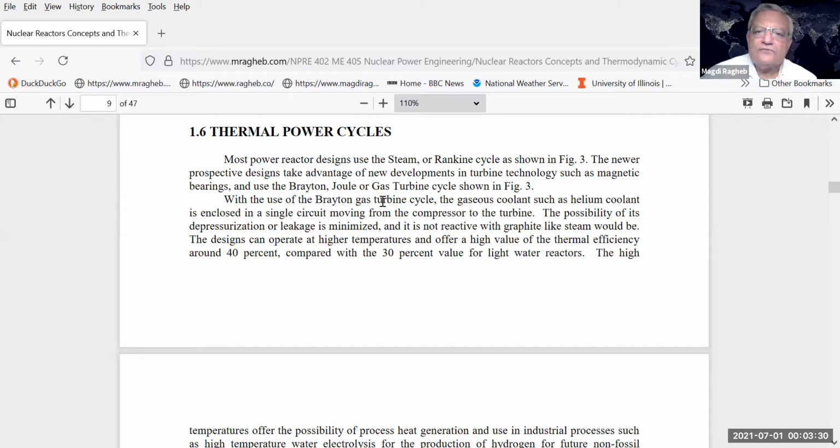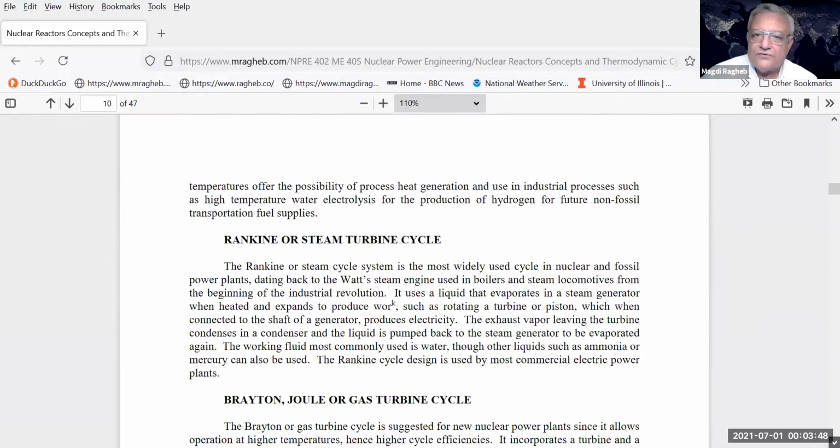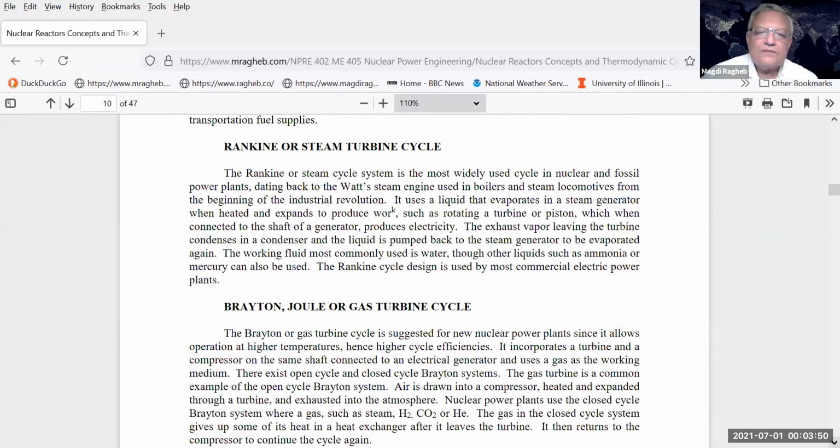So with the use of the Brayton gas turbine cycle, the gaseous coolant such as helium is enclosed in a single circuit, and its depressurization or leakage compared with water is minimized, and then you get a higher efficiency, and the high temperatures are usable for the production of hydrogen, either from electrolysis of water using a DC current.